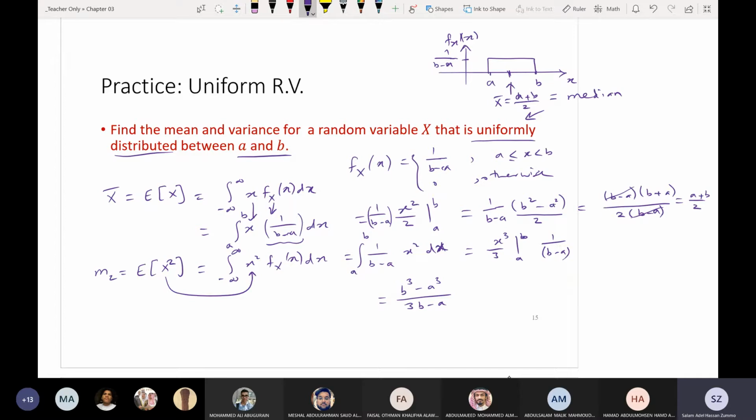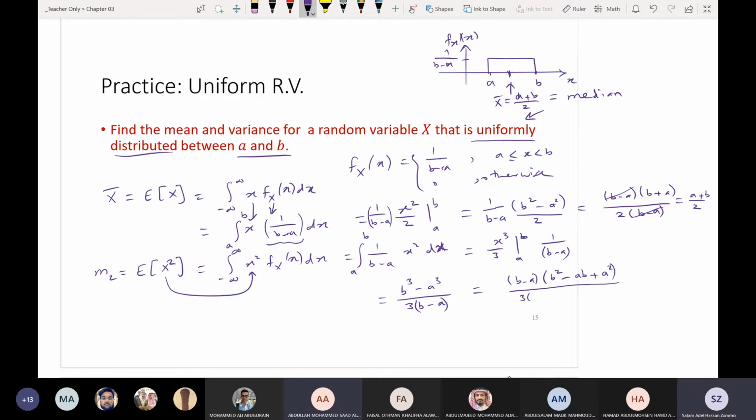Anybody knows how to simplify this? Guys? Come on, algebra. Yes, algebra. b minus a, then another bracket: b squared plus ab plus a squared, right?